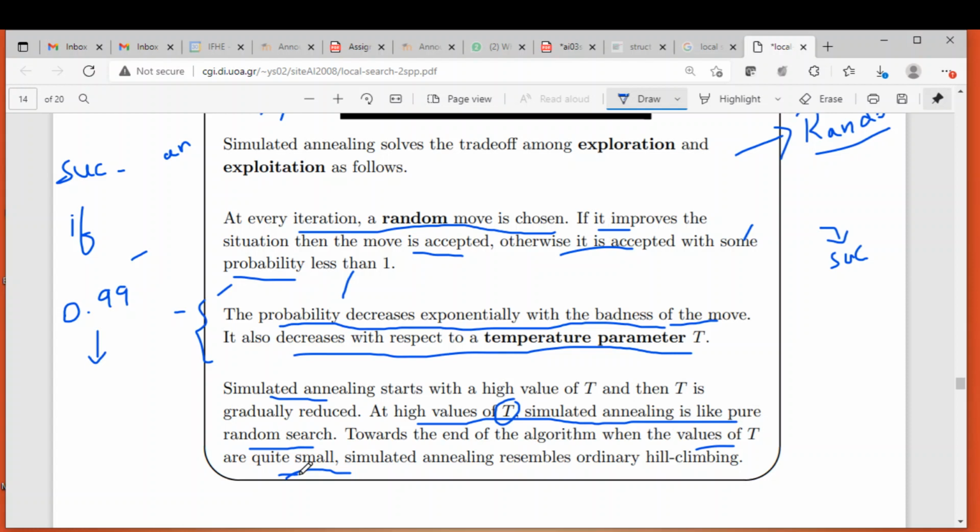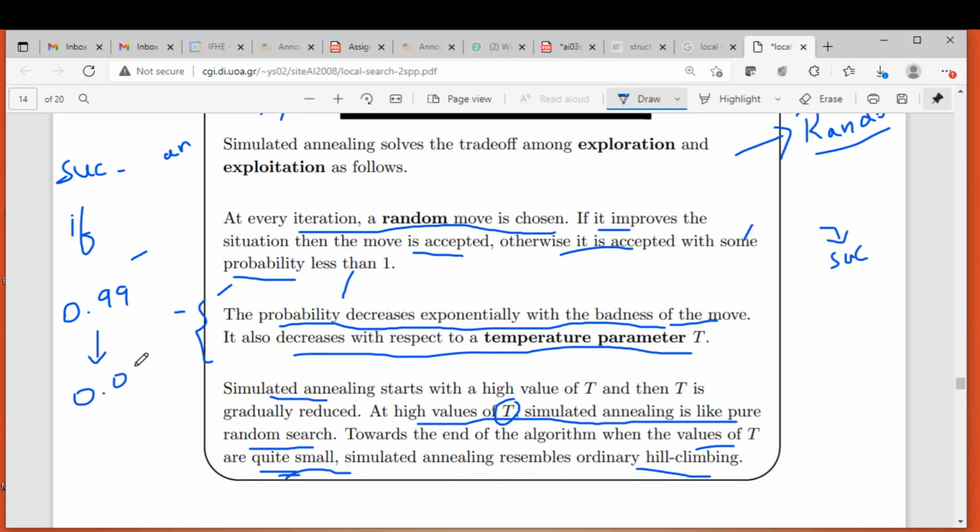But towards the end, when the value of T is quite small, that is when the temperature is small, simulated annealing resembles ordinary hill climbing, because now if the successor is better than the current state, it will accept, but if the successor is not better than the current state, then most probably it will reject, because towards the end, when T is small, the probability will become very low. Probably it will become 0.01.